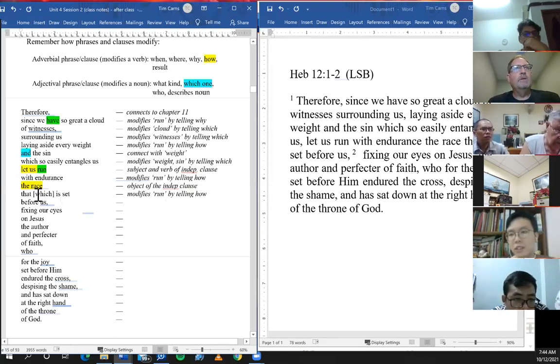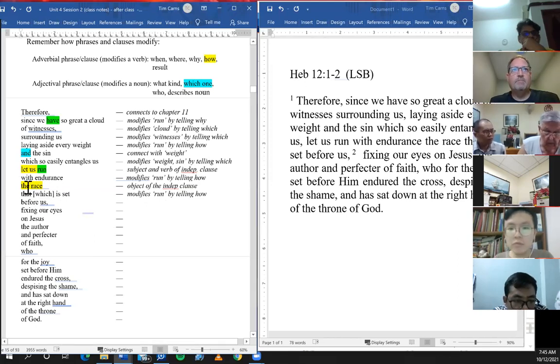So normally when it's a relative pronoun, it's going to be describing what kind or which one. So in this case, I don't think it's describing the action here. I think it's describing a noun. It's telling us which race, the race which is set, that race.